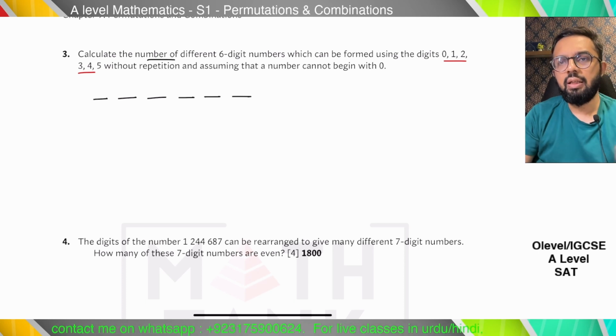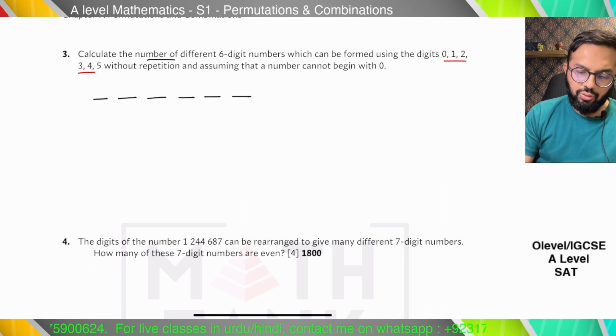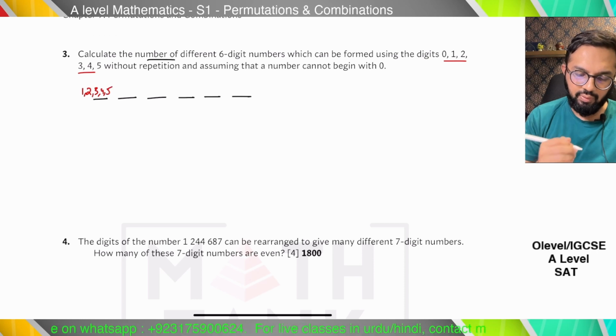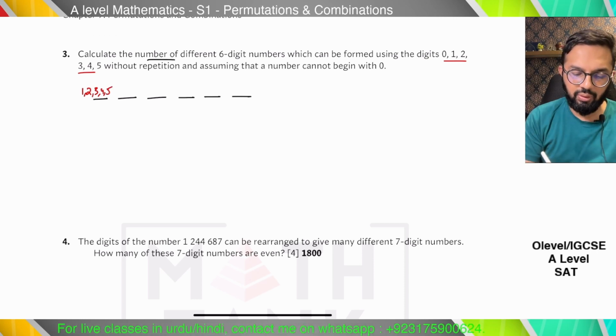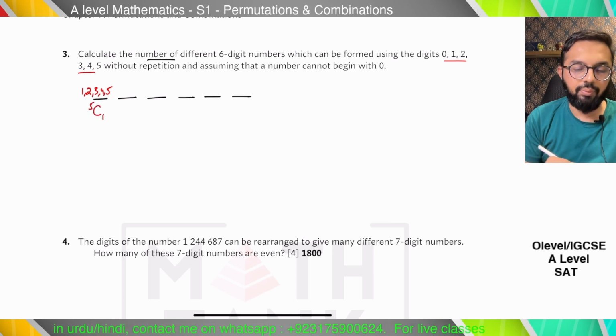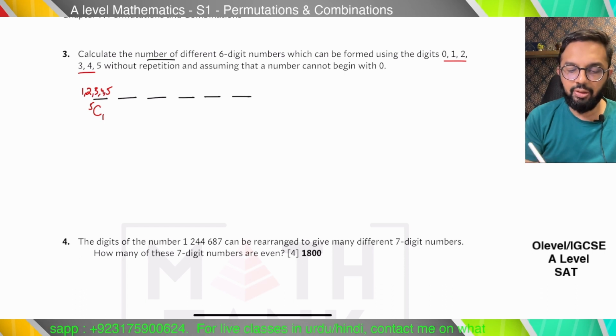Okay, let's look at this. It says assuming that a number cannot begin with 0. So the possibilities for the first dash are 1, 2, 3, 4, and 5. Are there any other restrictions? No, there are no other restrictions. So I'm going to say that this is 5C1. How many numbers were there in total? There were 6 numbers. One got filled, so 5 were left.